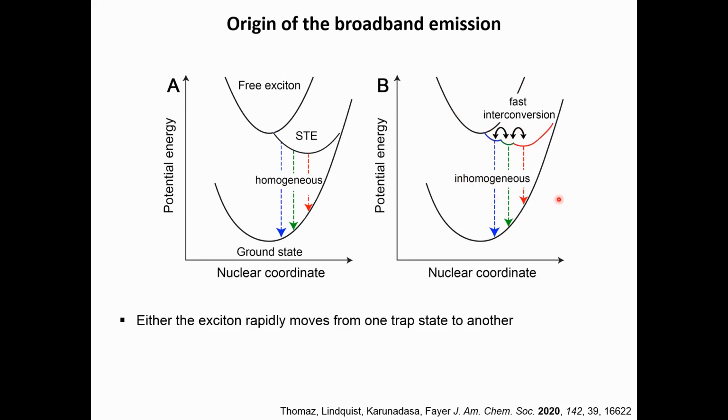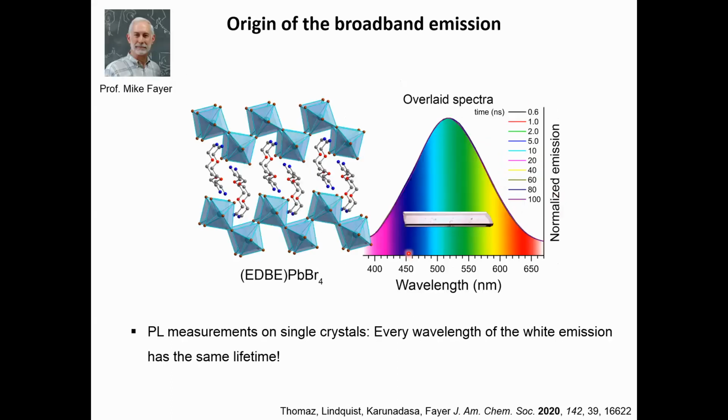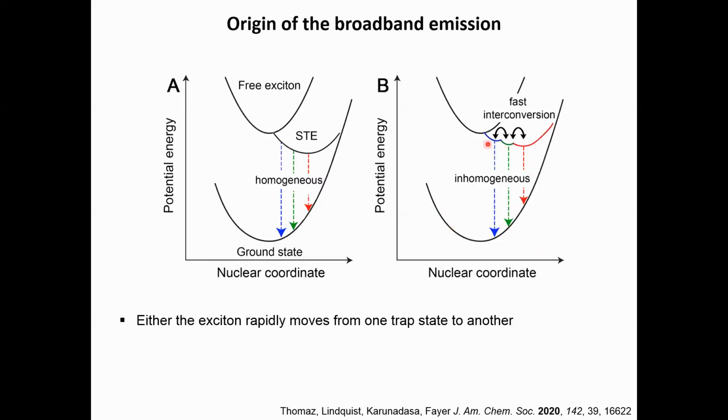So one possible conclusion from having the same lifetime for every color is that this exciton is very rapidly sampling every self-trapped state. That was really strange to us, because we call this a self-trapped exciton. It's supposed to be trapped, right?